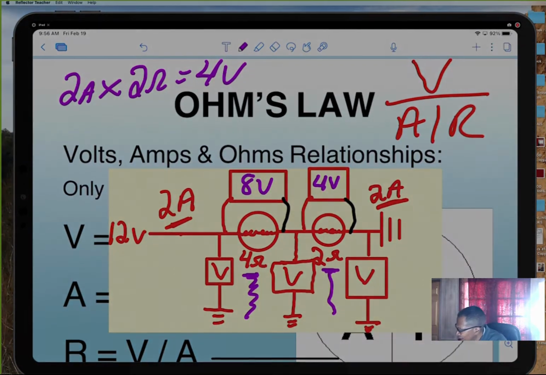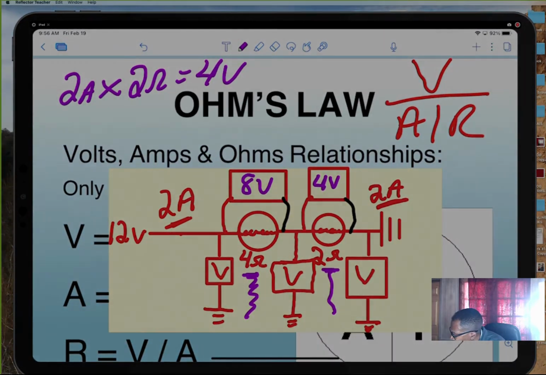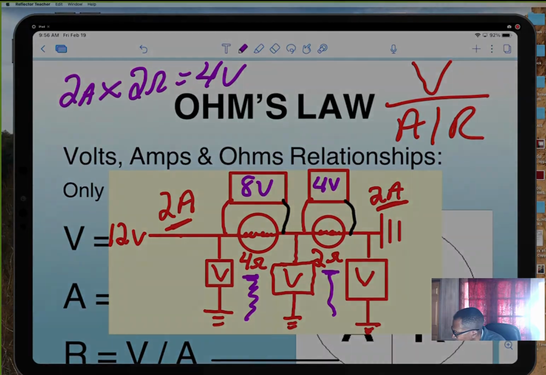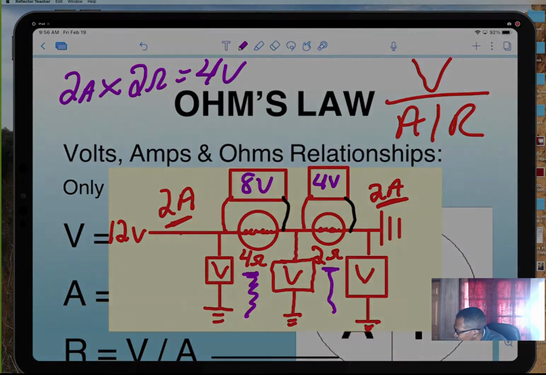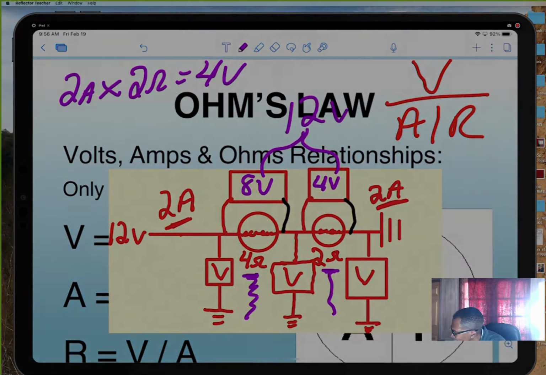So you can see that the one with the highest resistance uses 8 volts, and the one with the lower resistance uses 4 volts. You add them together, and it totals 12 volts.